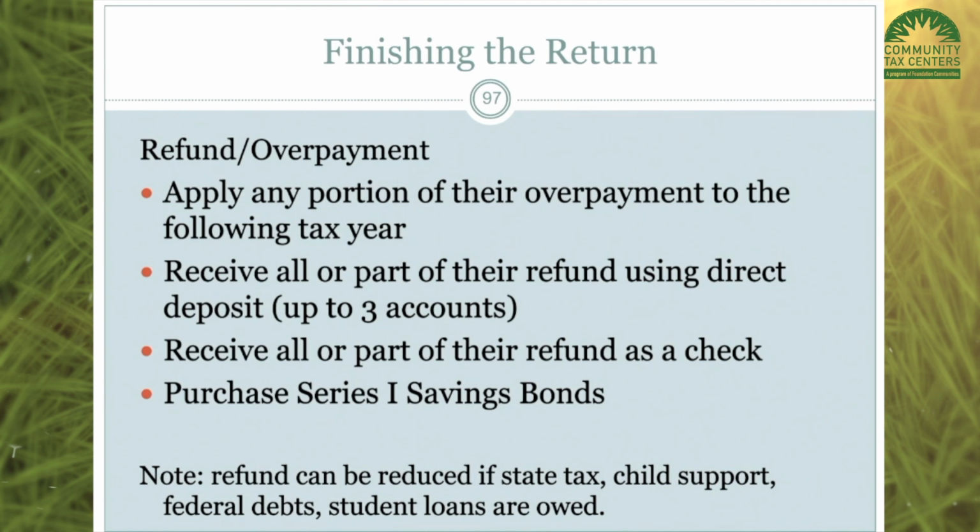Now, people with refunds, we want to make a note on here. A person's refund can be reduced if state tax, child support, federal debts, right now not student loans, are owed. So even though a person has a refund, maybe they were from another state, say Oklahoma, they have state taxes, and they have not paid them, they have a refund of $1,000, we're putting in their bank information for it to get transmitted.